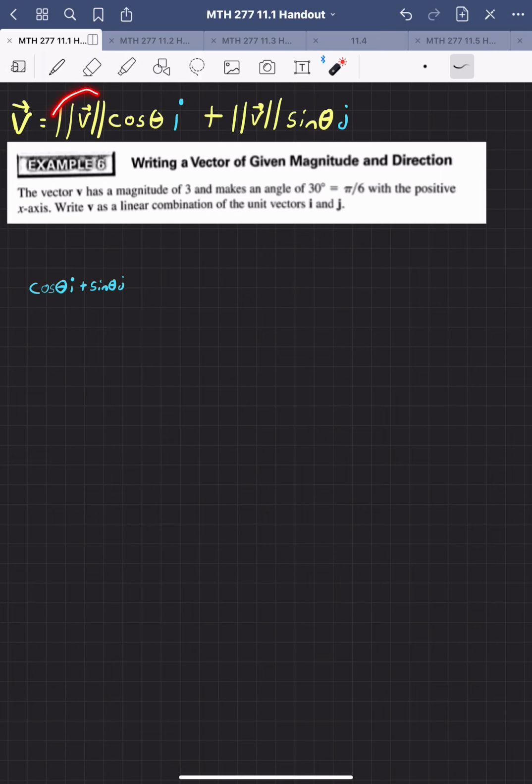So if this is 1, then of course your vector notation looks exactly like what I have written here, but that again assumes that it's a length of 1. So I'm going to put a star here. This is really the formula that you want to keep in your pocket as we proceed.